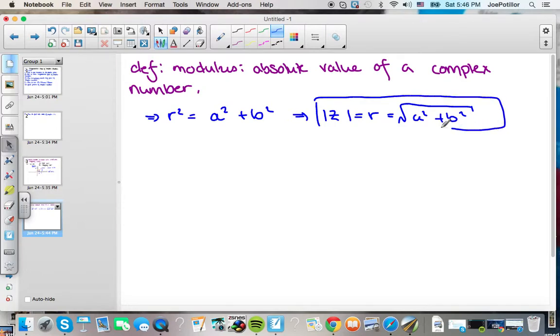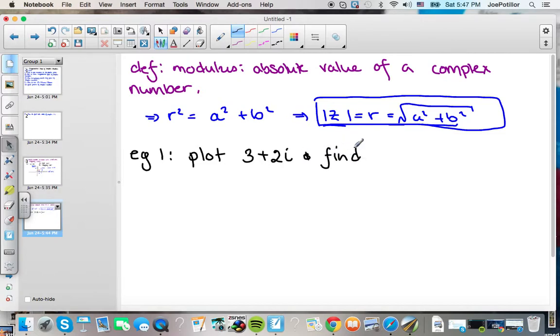So how do we plot numbers on the complex plane? So, for example, let's do our first example. I'm going to plot 3 plus 2i and find the modulus. Okay.